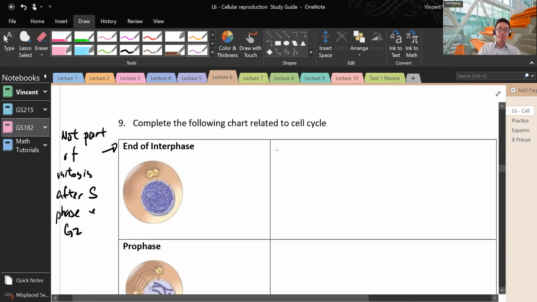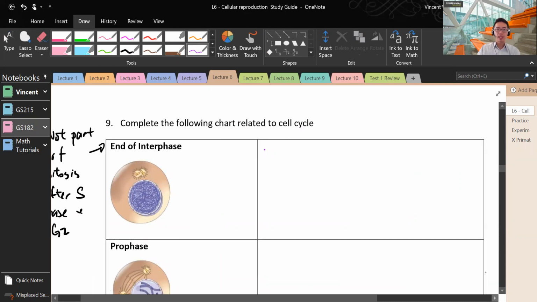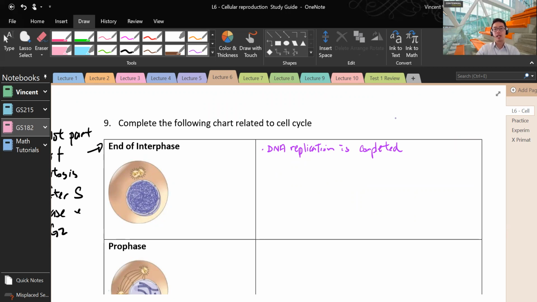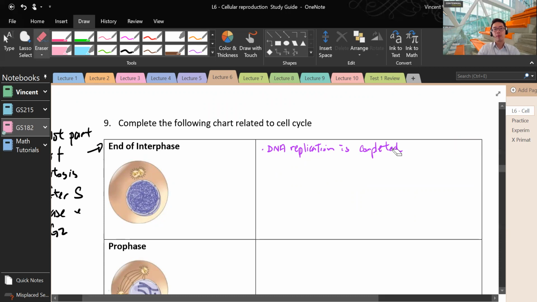So what's going on here? By this point, DNA replication is completed. All the stuff that we learned in the first half, the helicase, the DNA polymerase 3, those would have done their job, and DNA replication is completed.